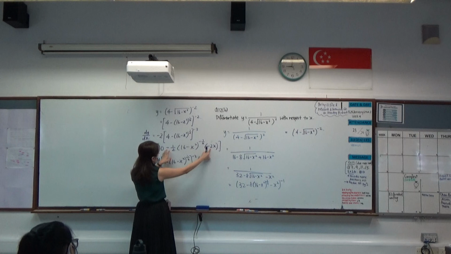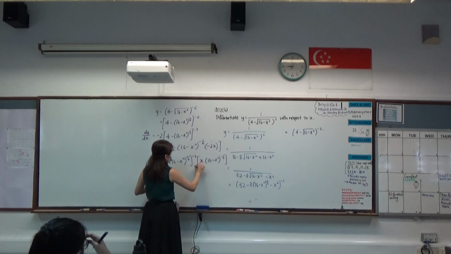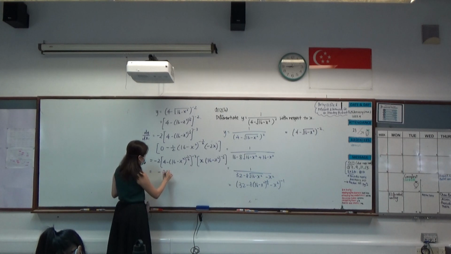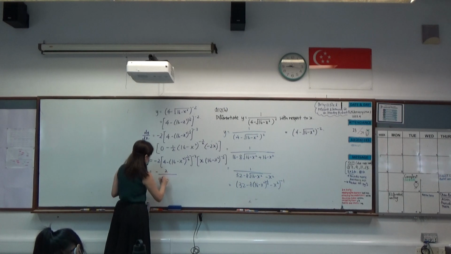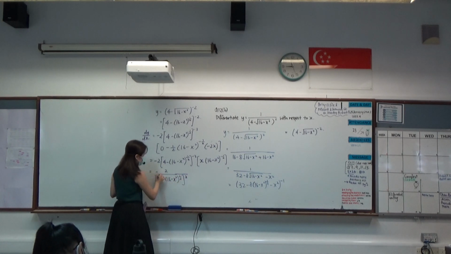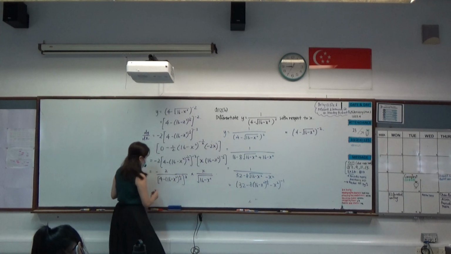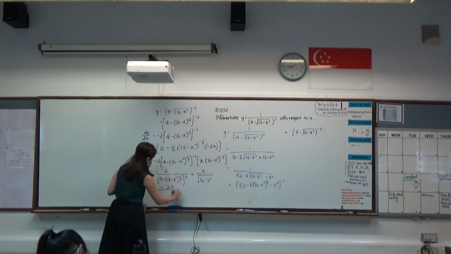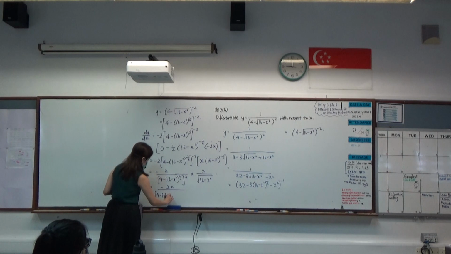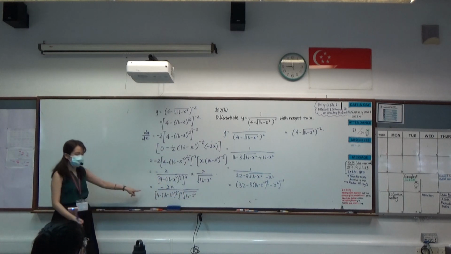So in this case, we get -2 times -half, we get an x, 16 minus x squared. So this will be our simplified form.